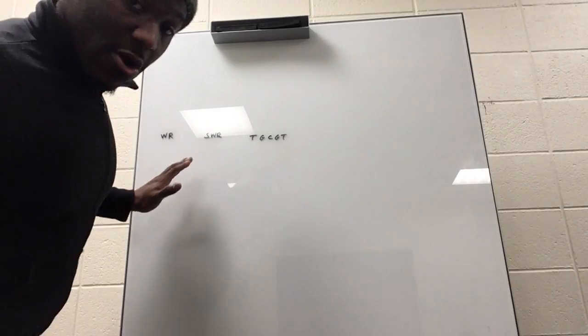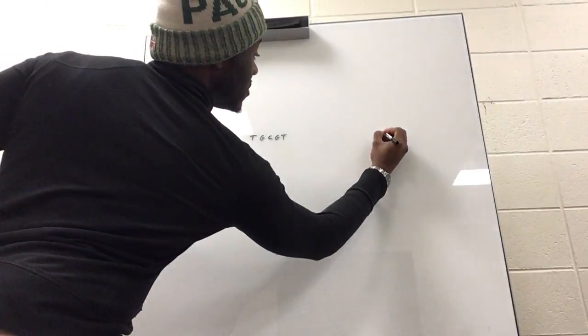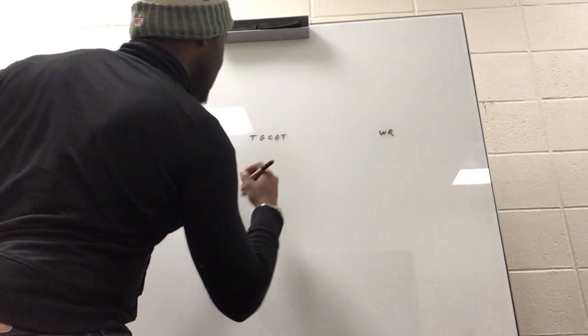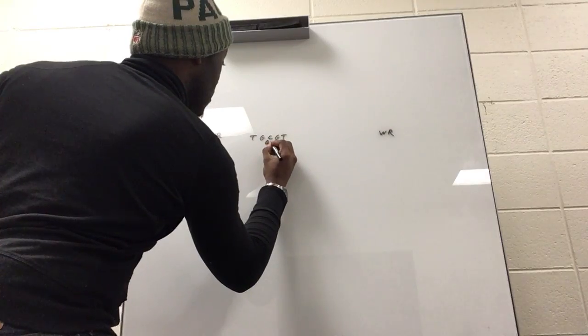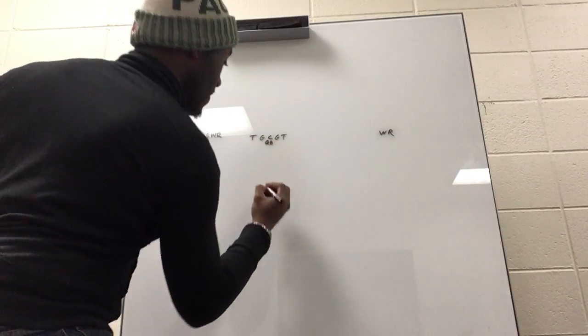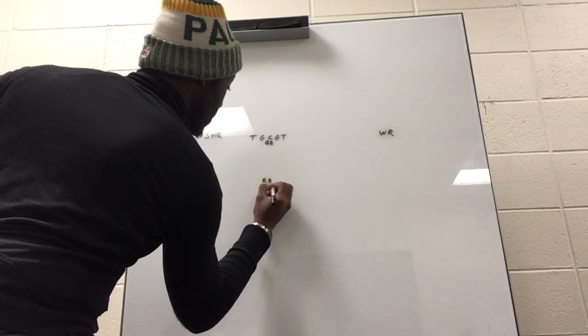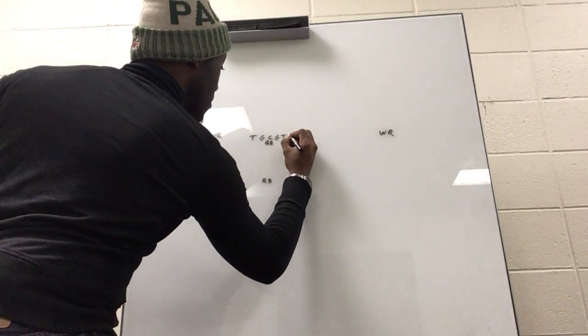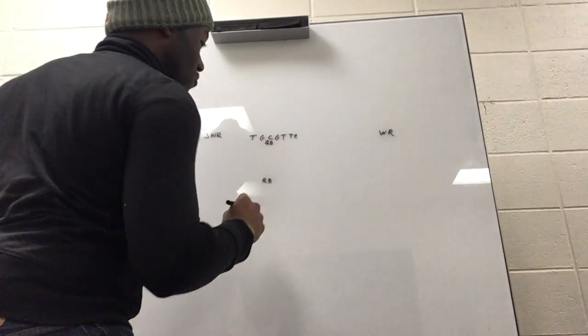Okay, got your starting receiver, your slot receiver, the other starting receiver on the right side, got the quarterback under center. You have a running back in the backfield. You have 1 tight end towards the right side of the line of scrimmage.